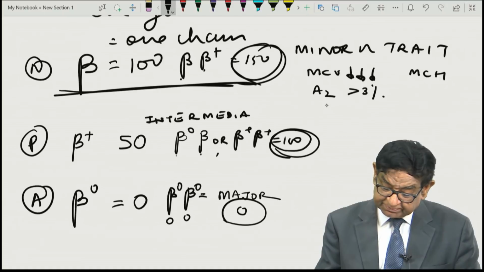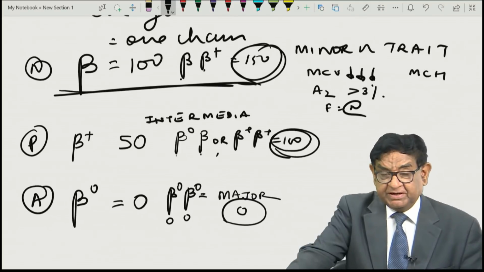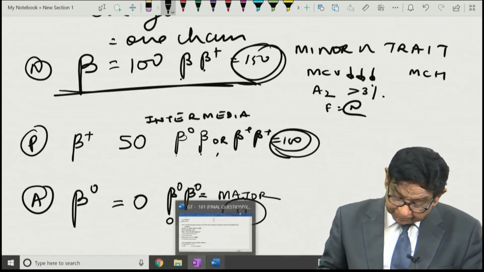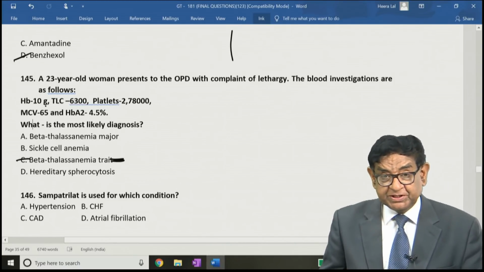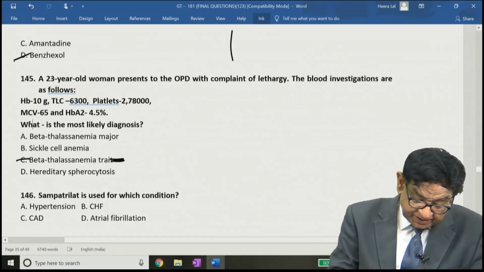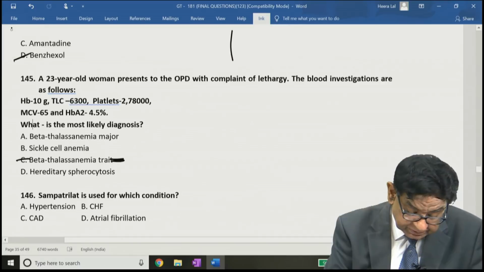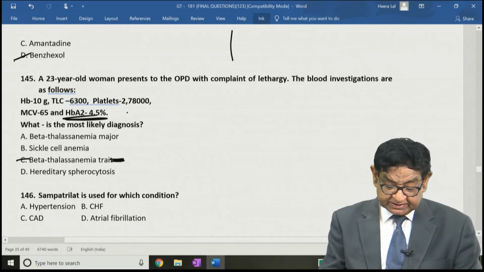But HbF is normal. So in this question, hemoglobin is 10 gram, not like a major issue of the anemia, but MCV is highly reduced. It's highly reduced. And HbA2 is increased. Hence, this is the best answer.